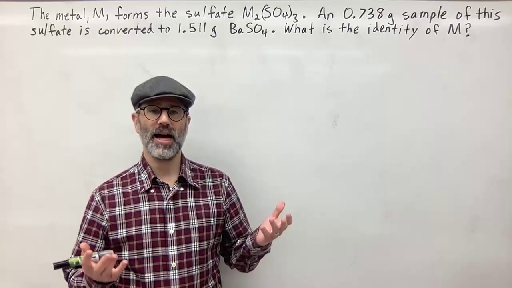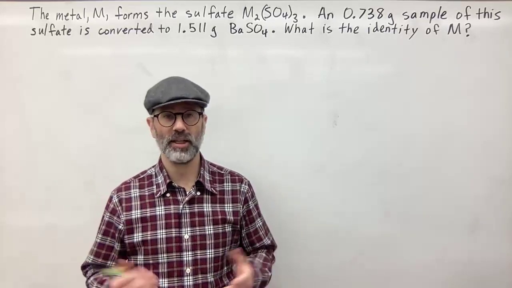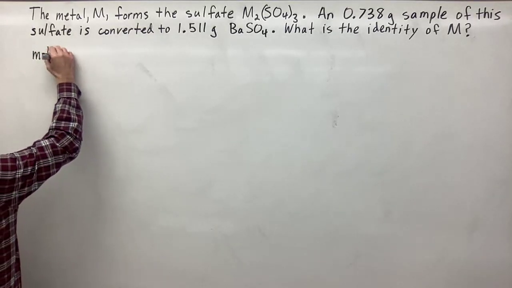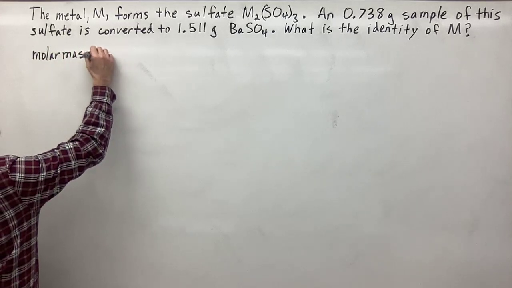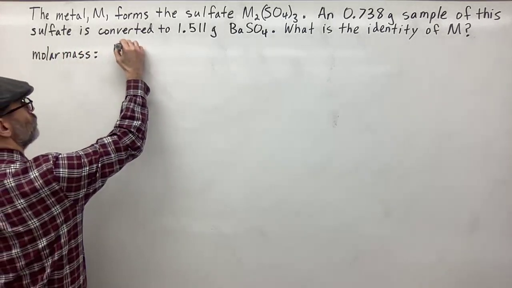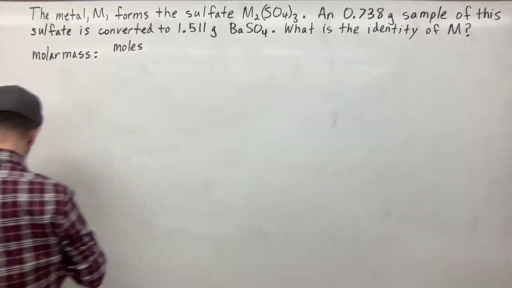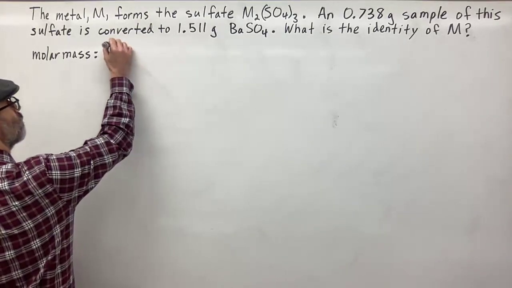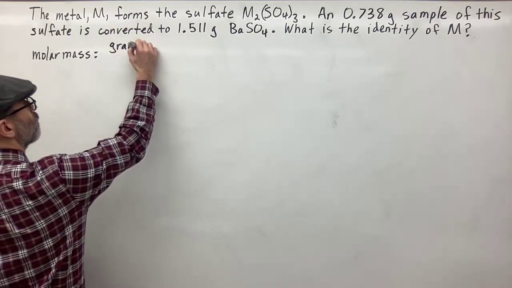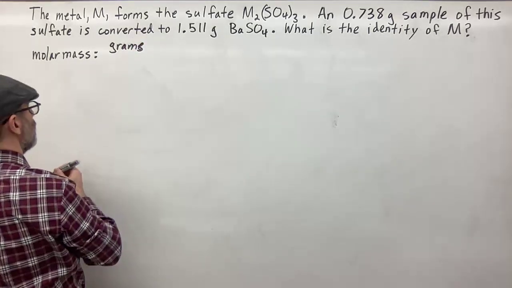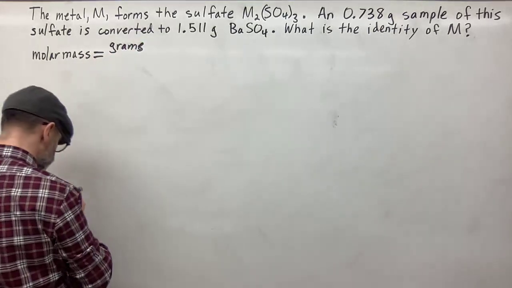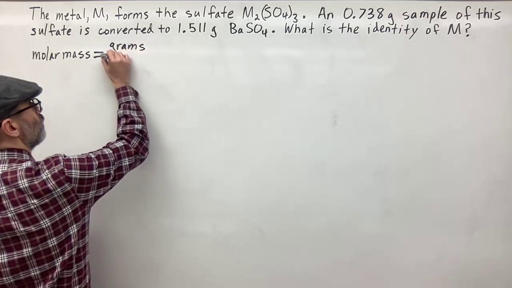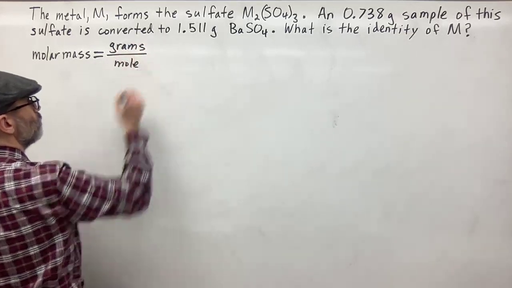Okay, so how do we find molar mass, or what is molar mass? How do we calculate it? So let's remind ourselves that molar mass is equal to grams per mole.